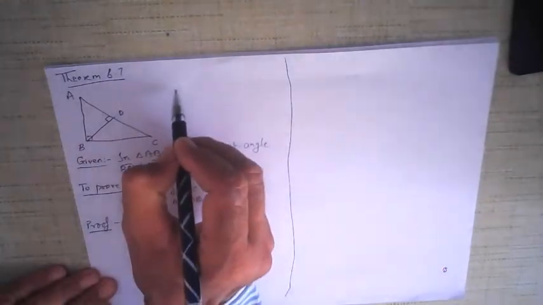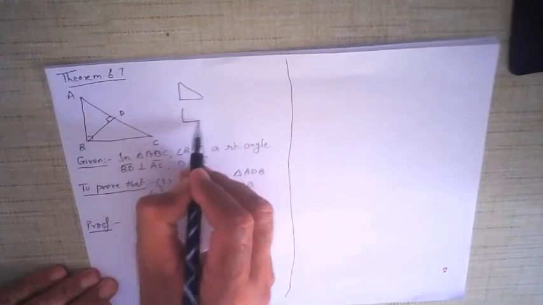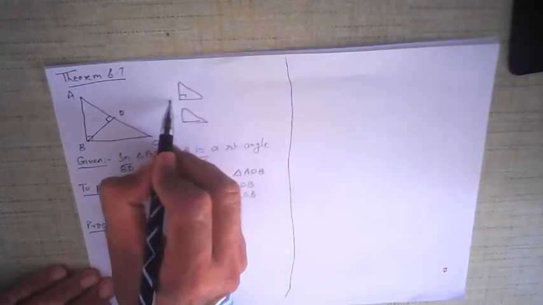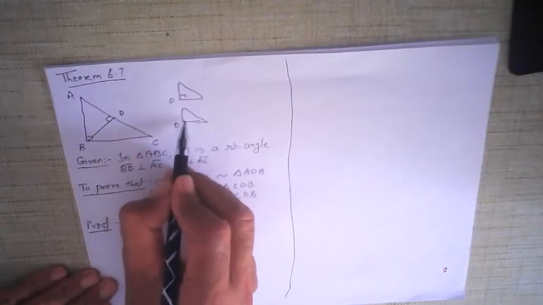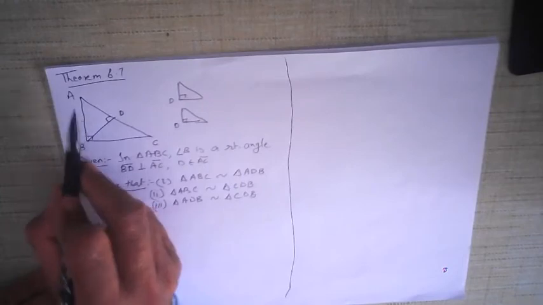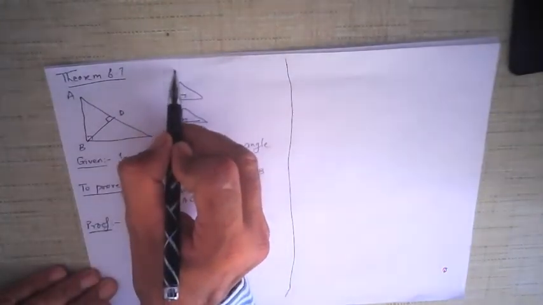Now, just to help you, let us draw two small triangles out here. In both the triangles, obviously B is a right angle. Now if I take this small triangle and the bigger triangle, then angle A is common.